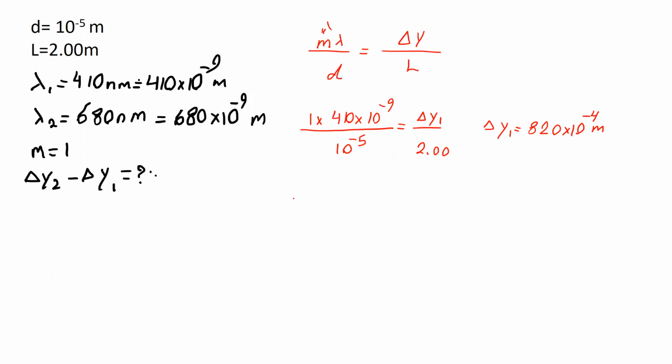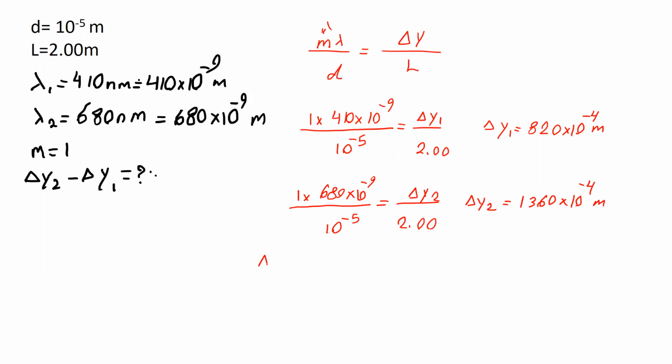I do the same thing for lambda 2, again 1 times 680 times 10 to the power of minus 9 divided by 10 to the power minus 5, equals delta y2 divided by 2. As a result, delta y2 equals 1,360 times 10 to the power minus 4 meter. As a result, delta y2 minus delta y1 is equal to 40 times 10 to the power minus 2 meter.